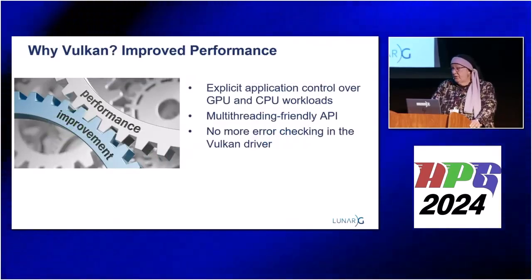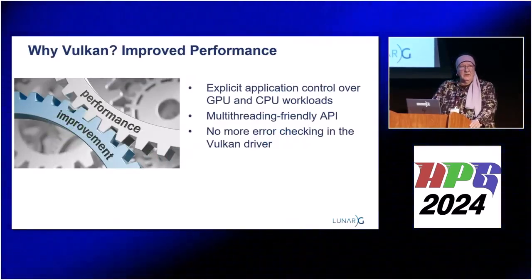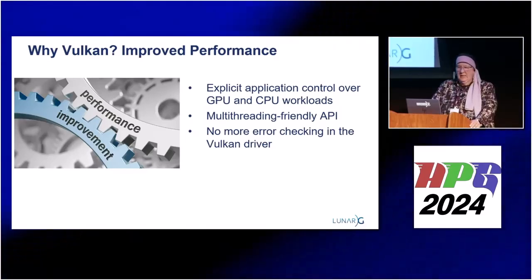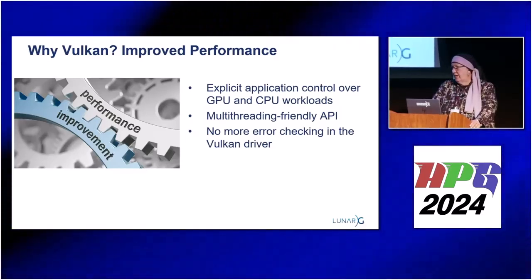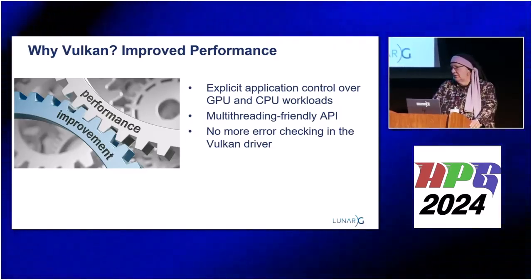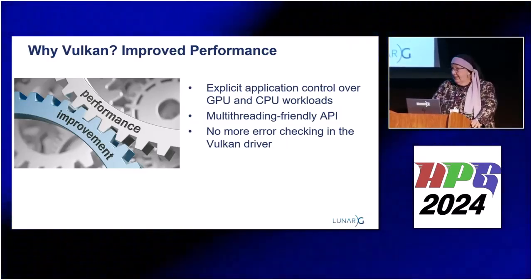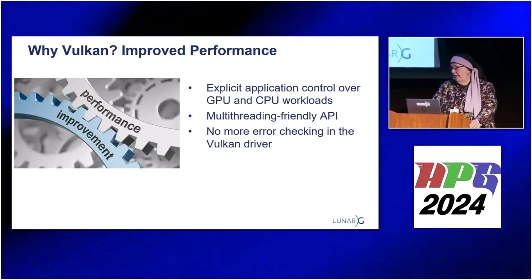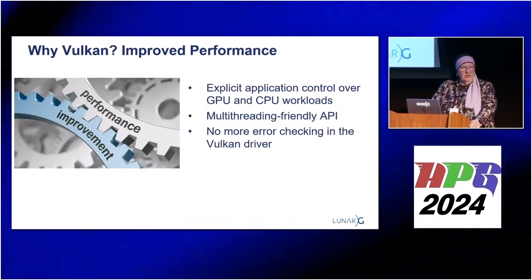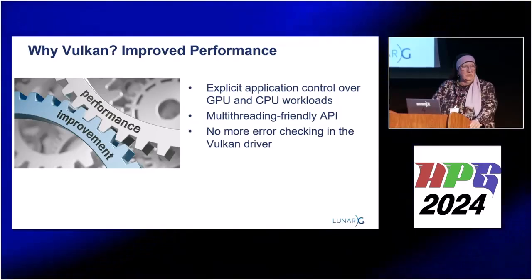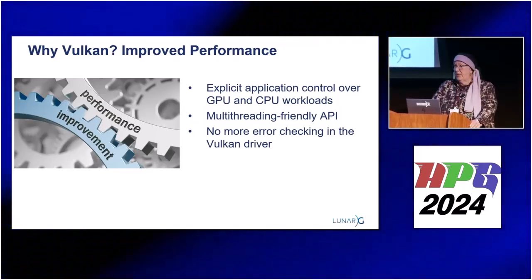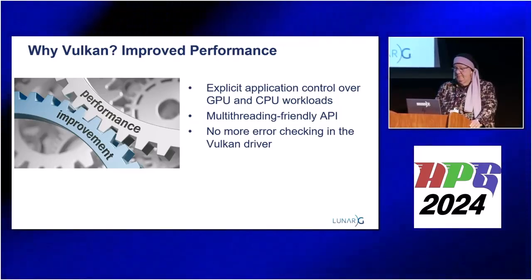You get improved performance because explicit control is given back to the application over how they want their GPU and CPU workloads to be executed. It's multi-threading friendly, and again, no more error checking in the drivers. Applications turn on the validation layer during development, do all their error checking. Once they're error free, they turn it off and they run at full speed.